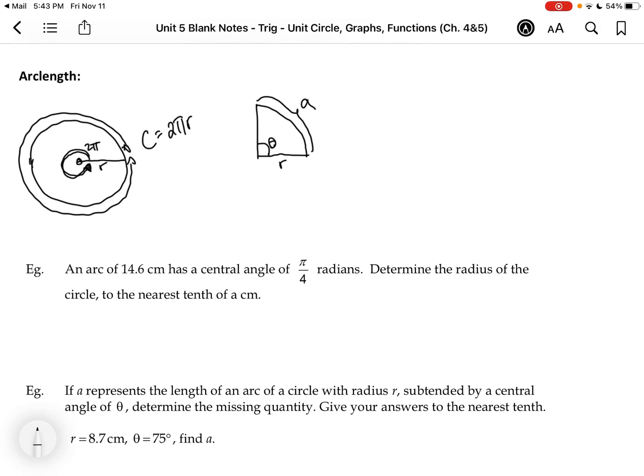And that proportionality is that the measure of the central angle over one revolution should equal the length of the arc over the circumference.